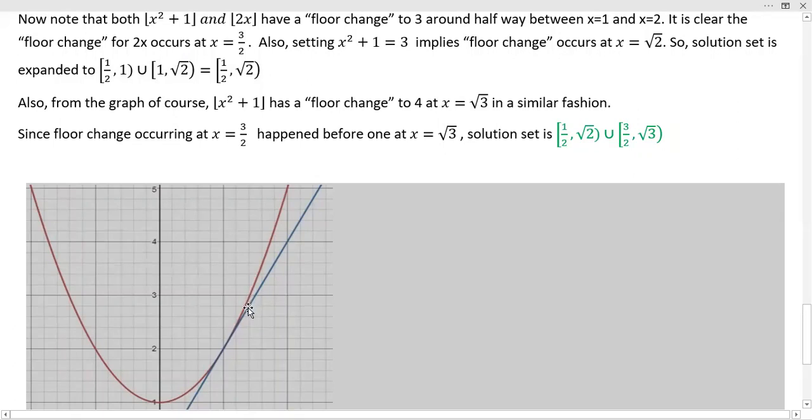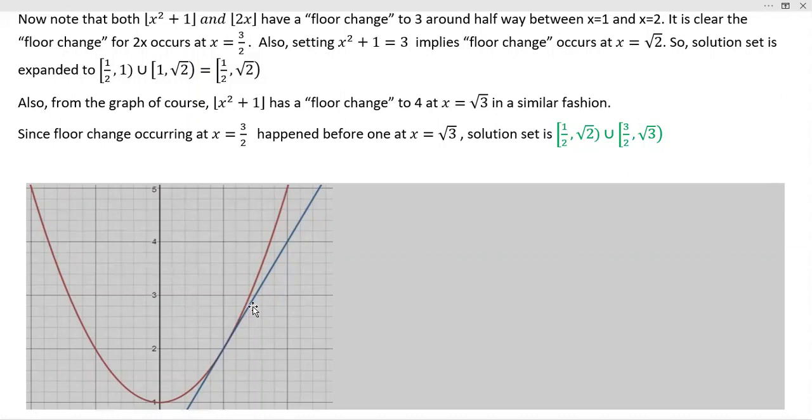They still had the same floor of 2, but the minute the red graph gets to the line y equals 3, its floor changes to 3, right? And so that's why you have to stop at √2, because the blue graph still has a floor of 2. All right, I'm doing a lot of talking here, but the graph just says it, right?